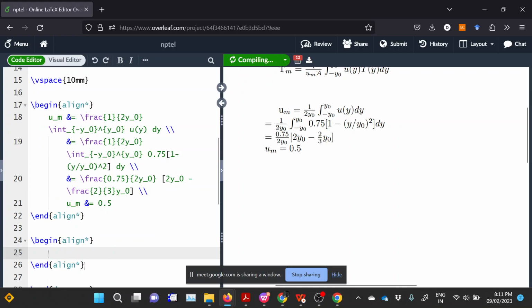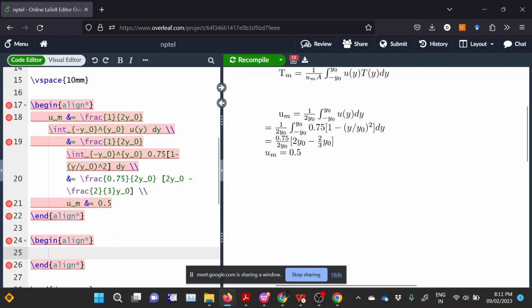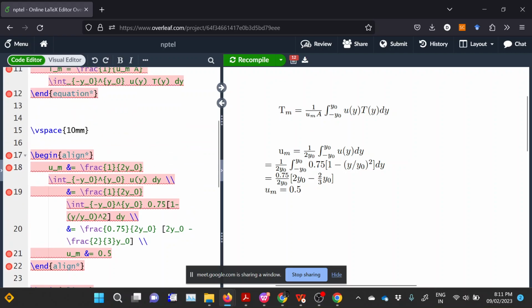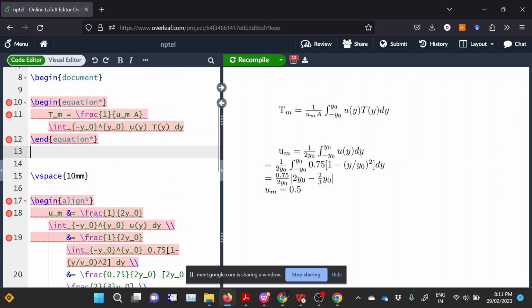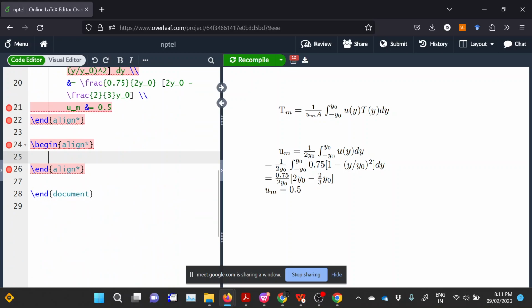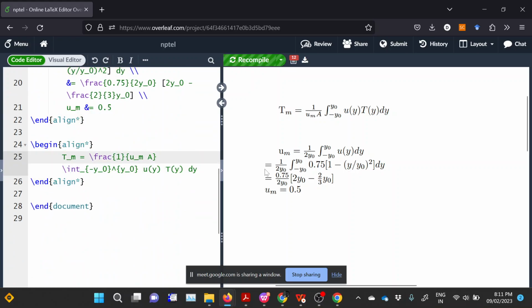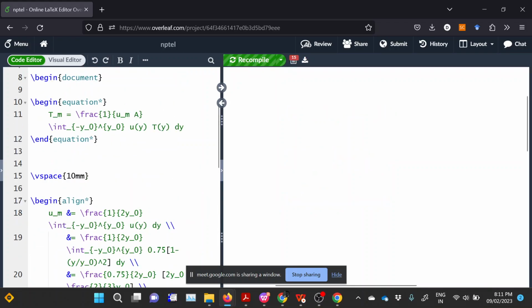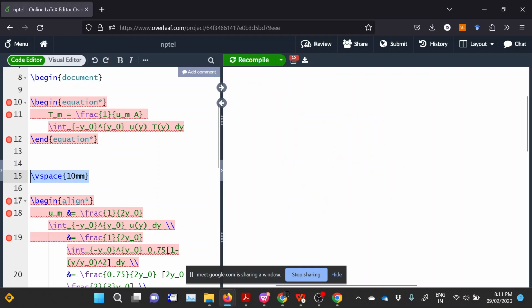So Tm, as we wrote down earlier, is 1 over u into A. We already know u and A also we know. So let me reuse this equation here. Add some space in between them.